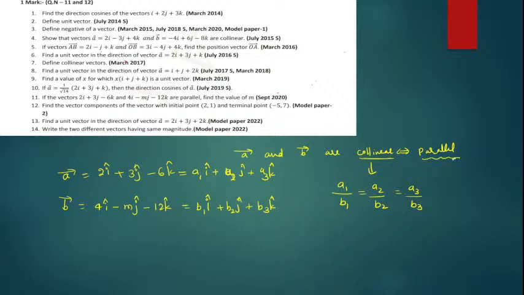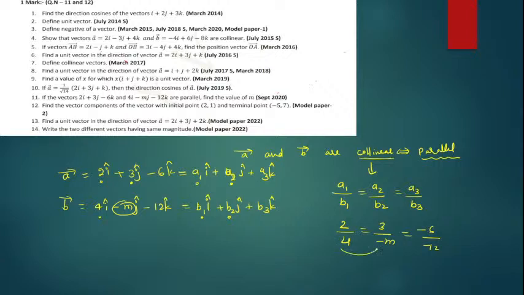It is nothing but the parallel vector condition. Let us check the A1 value. By comparing, I got the A1 value is 2 and the B1 value is 4, that is 2 by 4 is equal to the A2 value, the j component value 3, divided by the B2 value, which is minus m. So minus m is equal to A3 by B3, that is minus 6 by minus 12.